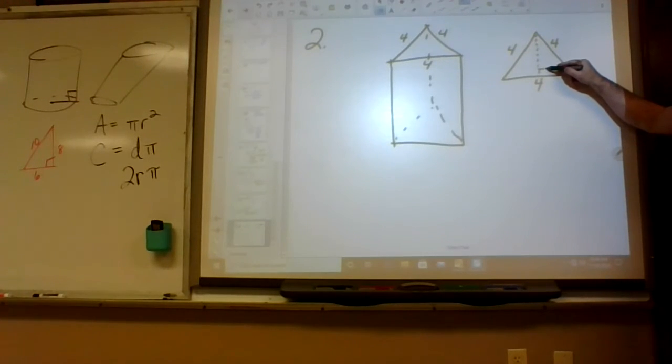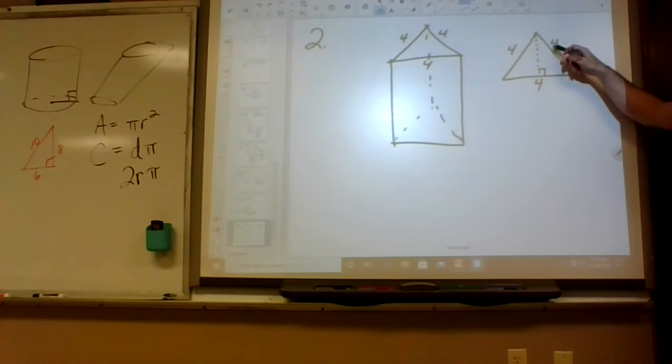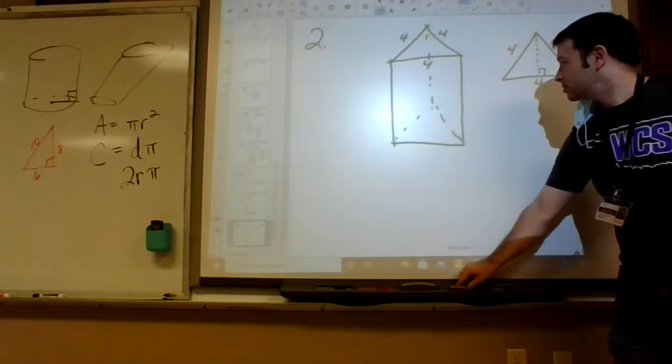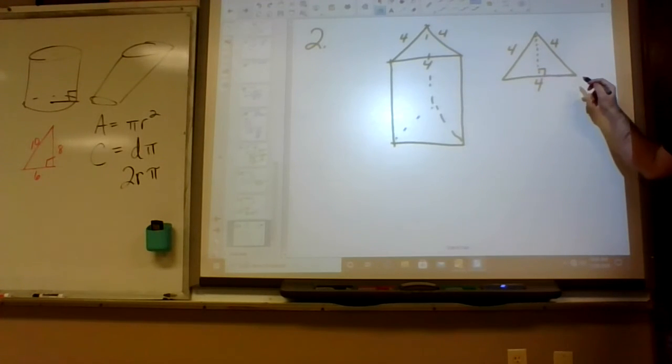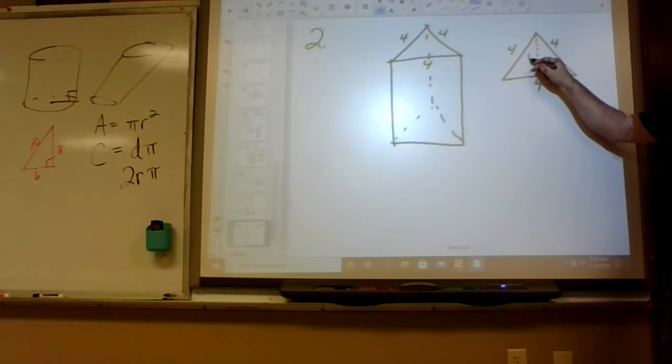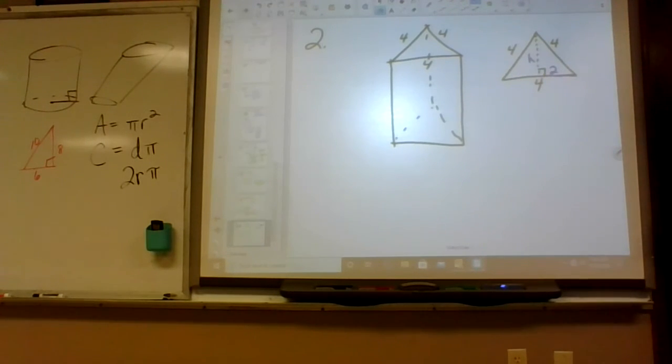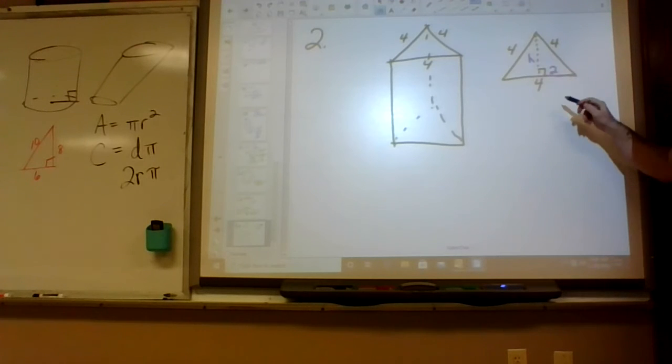It makes a little right angle, which means it makes a little right triangle right here. So 4 divided by 2. How long is this? 2. How can I find the height of the triangle?